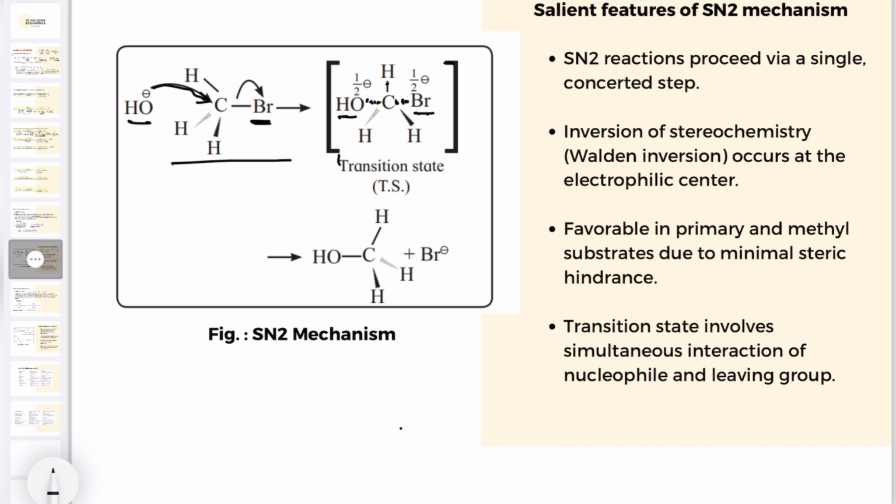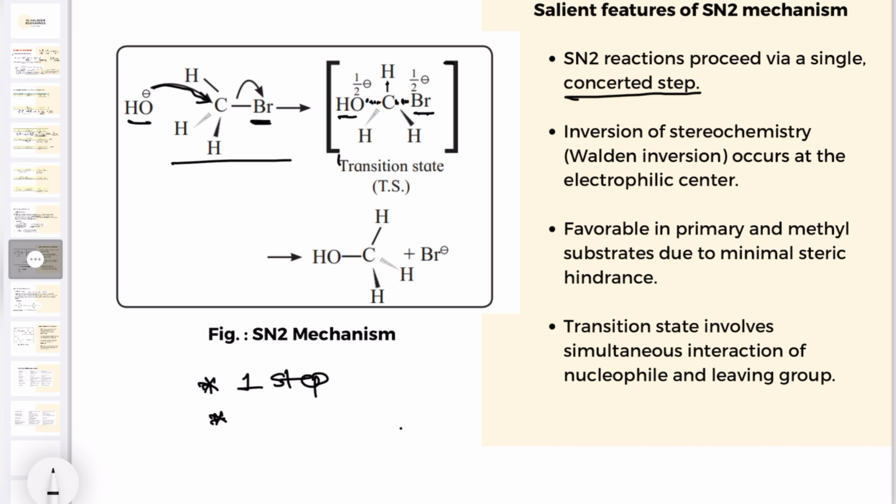SN2 reaction proceeds via a single concerted step. It is a one-step, single-step reaction. Then inversion of stereochemistry: Walden inversion occurs at the electrophilic center. What is this?